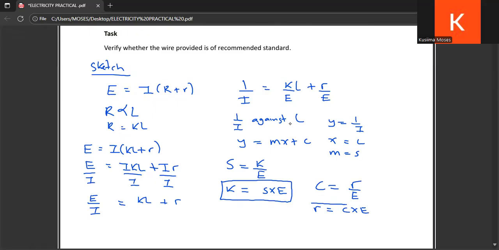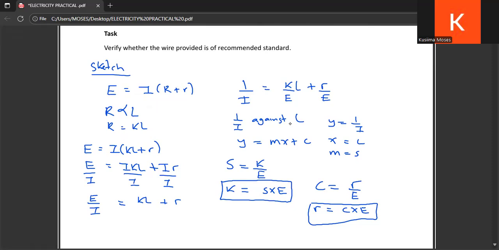So you can use this kind of setup either to determine the internal resistance of the dry cell or to determine the resistance per centimeter. And after getting the resistance per centimeter, we can use it to come up with the resistance of the wire.